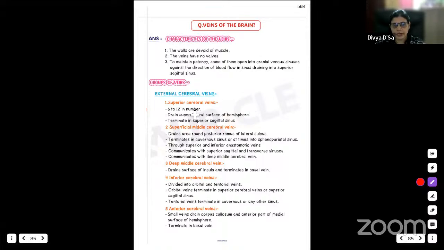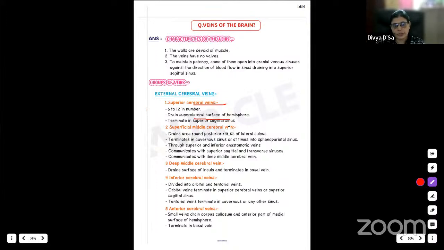They drain mainly the superolateral surface of the hemisphere and terminate in the superior sagittal sinus, which lies along the superior border.